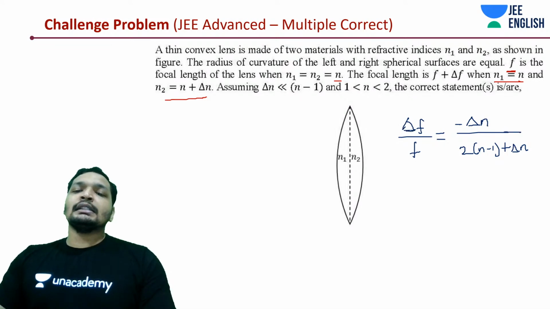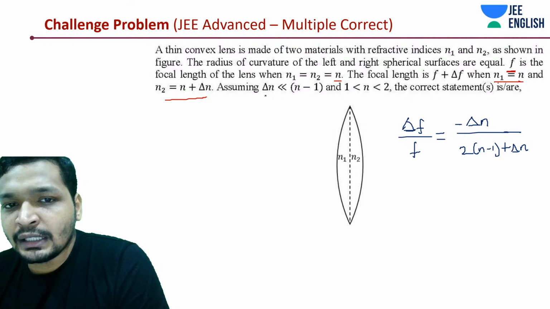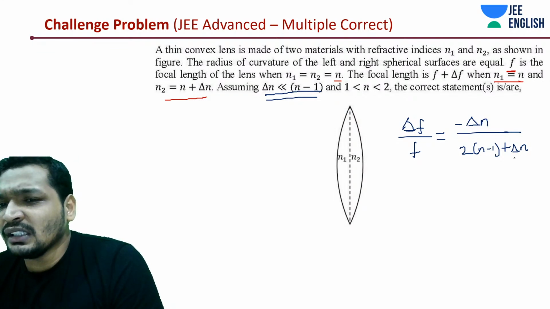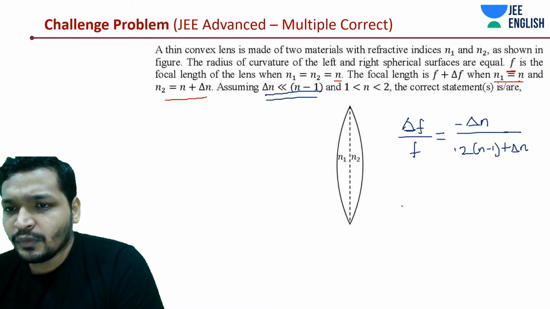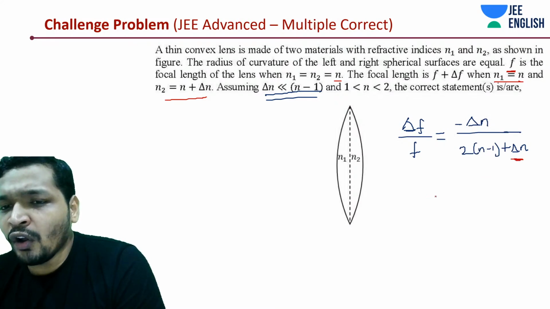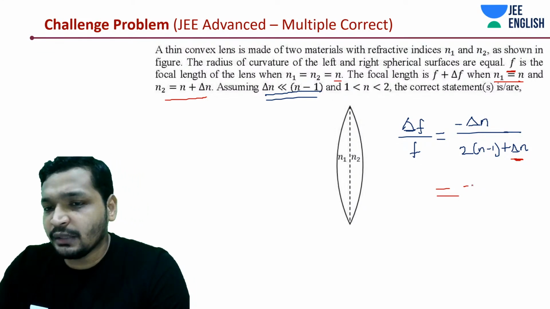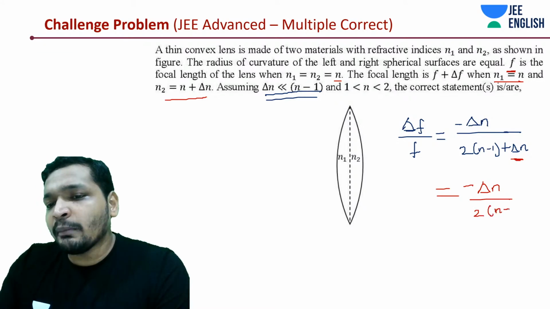Now let's understand a few things. These are the limiting conditions we need to make use of. If delta n is less than n minus 1, there is 2n minus 1, this is insignificant. Delta n is insignificant. You always need to do this. We did it even in the voltmeter question. If you remember the voltmeter question, we did the same thing. So this is going to be minus delta n divided by 2n minus 1.